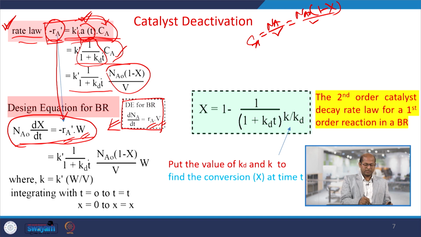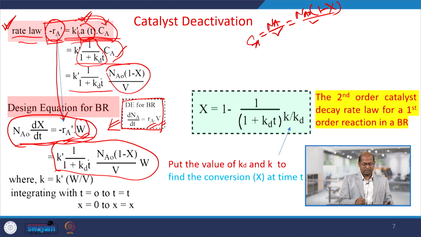Now this we are substituting in the design equation for the batch reactor for the case of solid and gas phase reactions, if we consider W amount of catalyst and the rate of reaction is minus R_A prime. After substitution we are getting this on the right hand side.